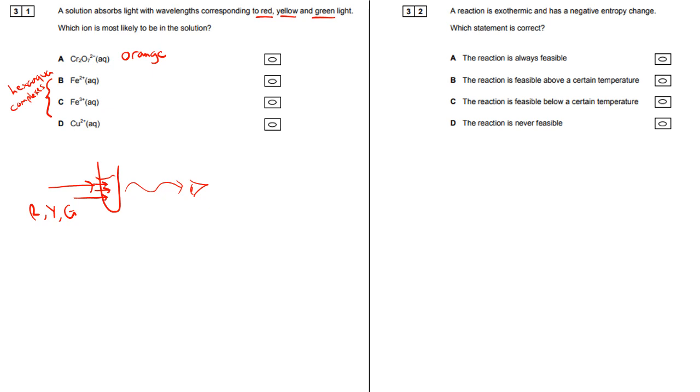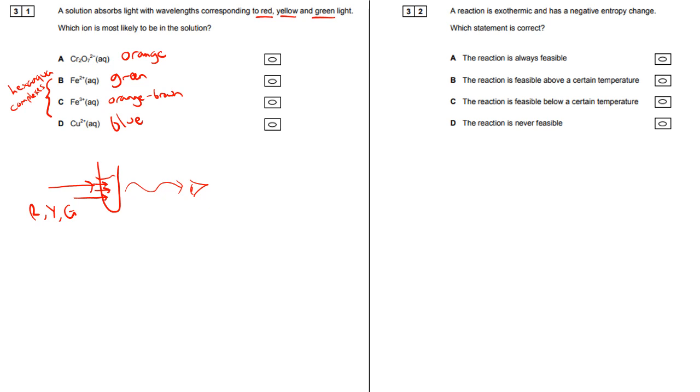So Fe2+, or hexaaqua iron 2, is green. Hexaaqua iron 3 is either violet or actually appears as a sort of orangey brown colour. And copper 2+, hexaaqua copper 2, is blue.